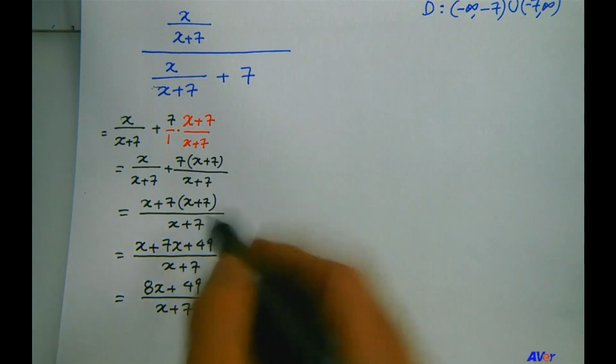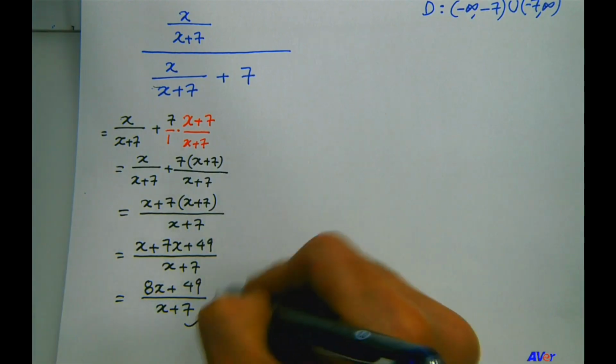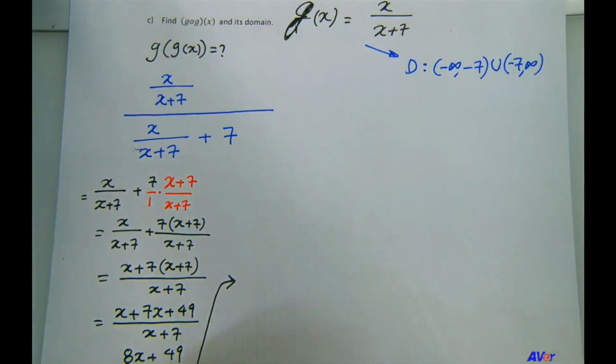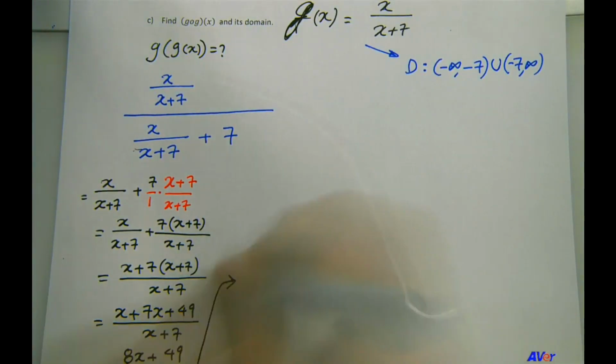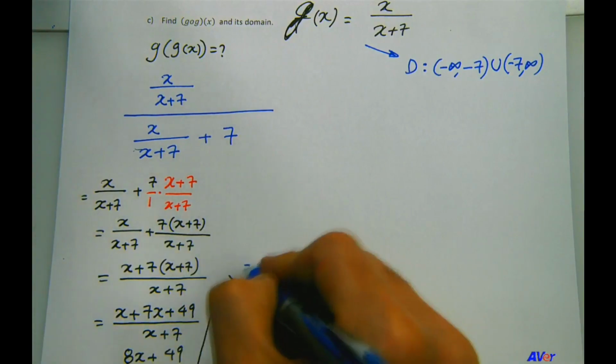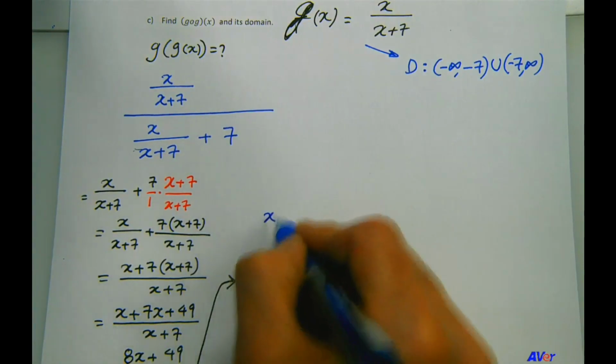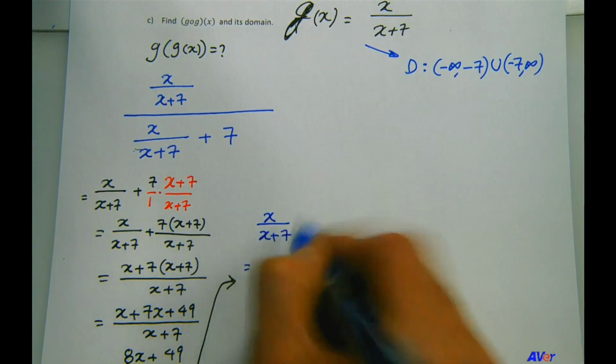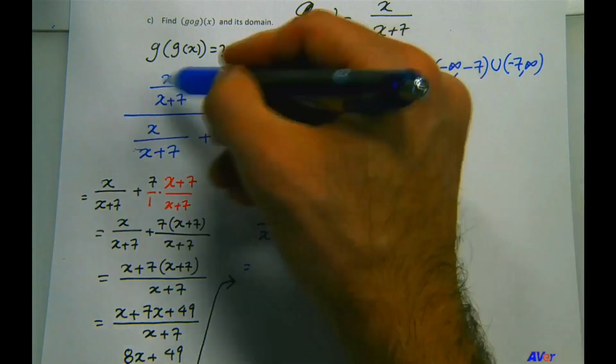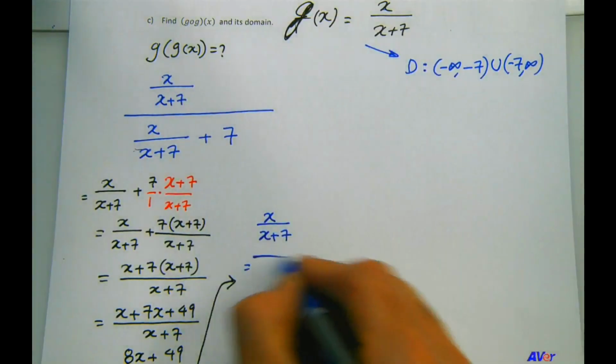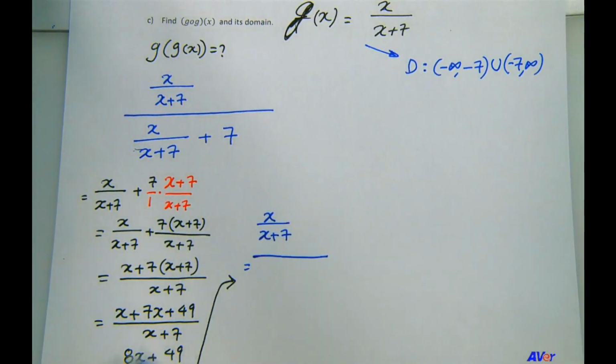Okay, so let's plug this in to what we had up here. So now we have x over x plus 7, right? That divided by all of this.